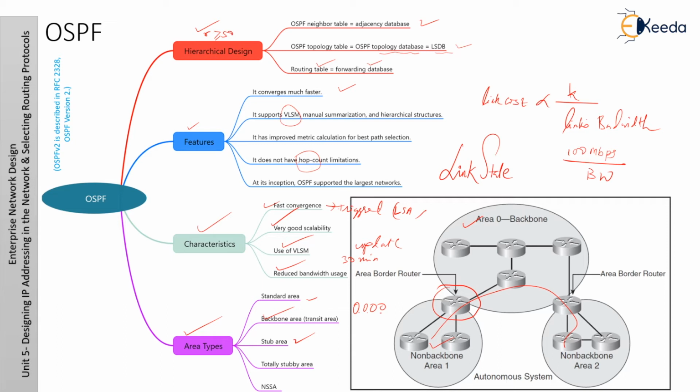Now come to the totally stubby area. The totally stubby area is a Cisco specific feature that further reduces the number of routes in the routing table inside the area. This area does not accept external autonomous system routes or summary routes from other areas internal to the autonomous system.